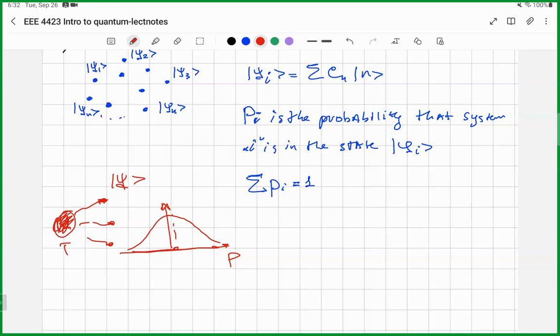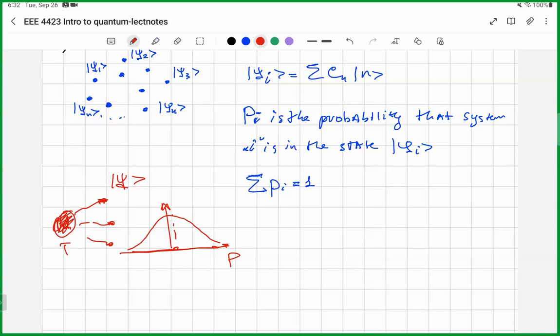So there are two probabilities here. One probability is purely quantum probability, associated with the statistical property of this psi vector.